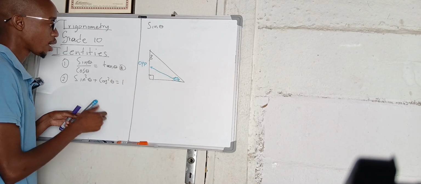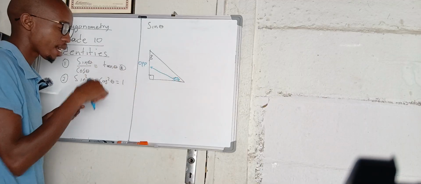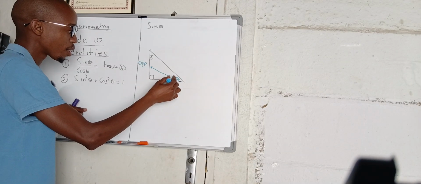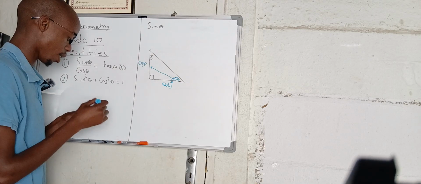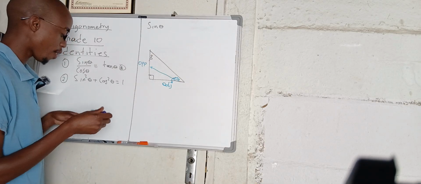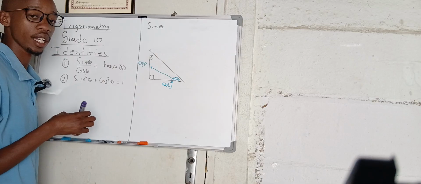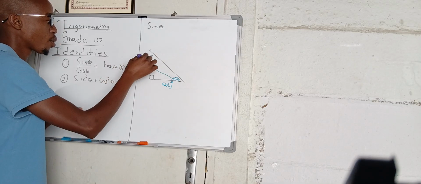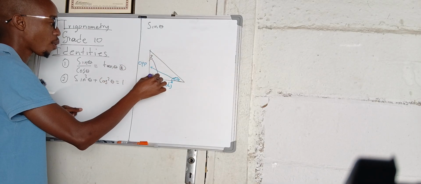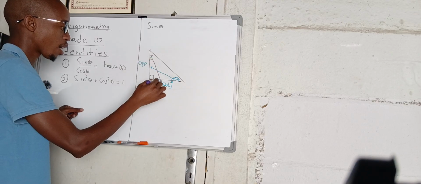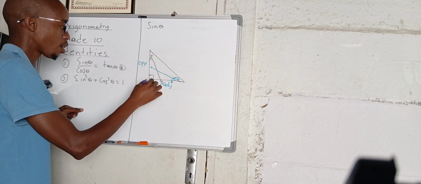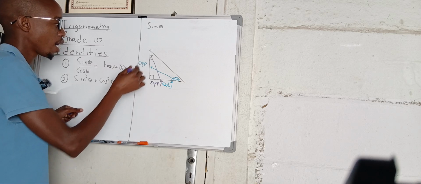And then the side that is adjacent, meaning underneath theta, is this one, so we'll write adjacent. We have another angle there besides theta and 90 degrees, which is beta. The side that is adjacent to theta is opposite to beta, so I'm going to write opposite to beta.